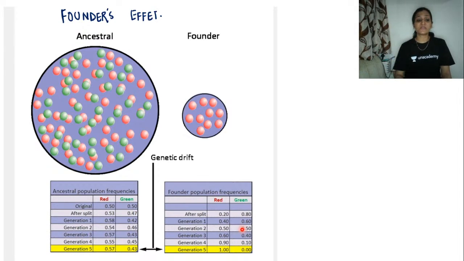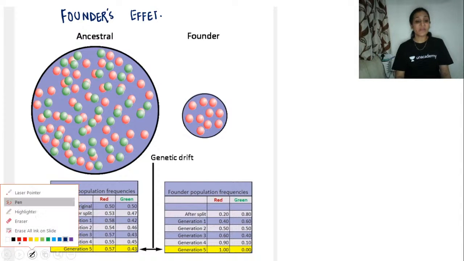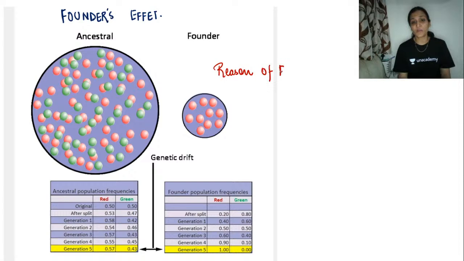We have seen everything about the founders effect, but we haven't seen the reason why the founder effect occurs. Like in the bottleneck effect, we saw why the bottleneck effect occurs. So we need to know the reason of founder effect, right? Whenever we are doing anything, the most important thing is to know the reason.